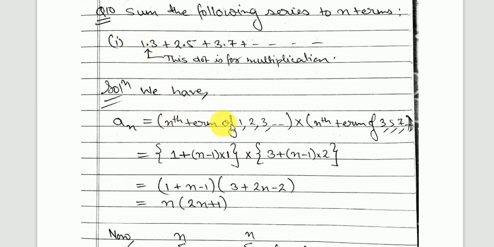So nth term of this 1 2 3 will be into nth term of this 3 5 7. So the nth term will be like this only, nth term of 1 2 3 into nth term of 3 5 7. Clear?